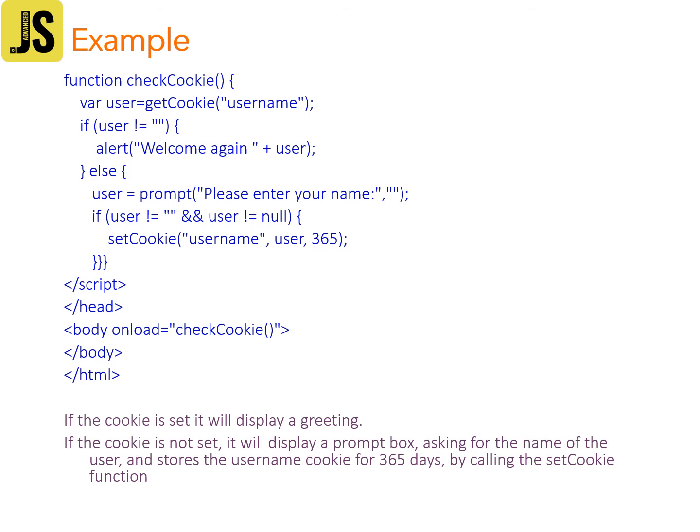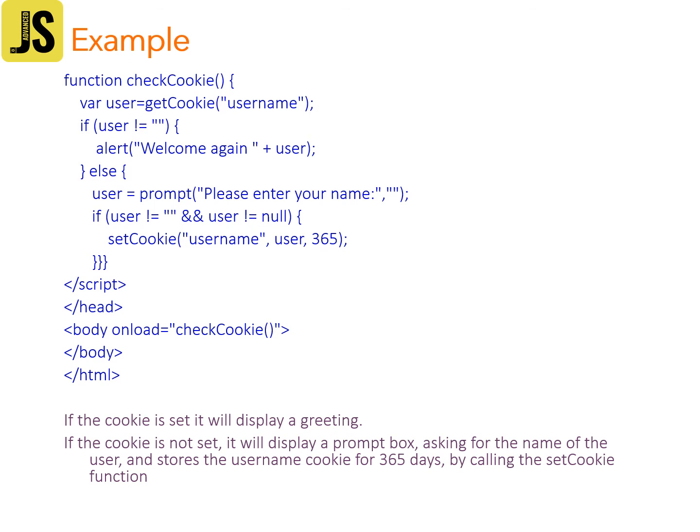So here what is happening is we are going to check the cookie. In order to check the cookie, we have to access the corresponding username from the corresponding document. If the username is not equal to a null value, it will produce an alert message like welcome again.